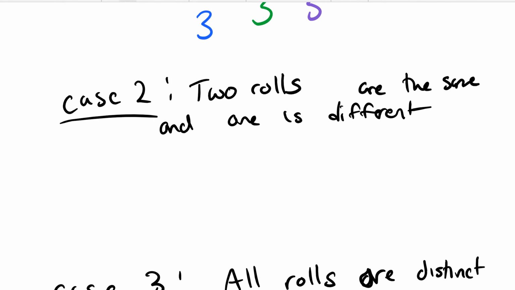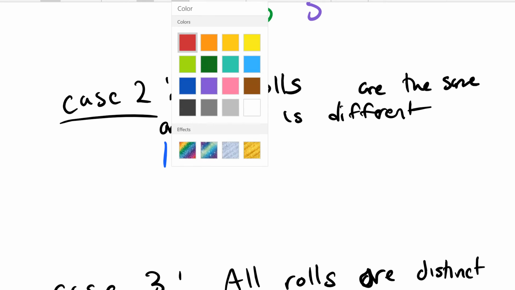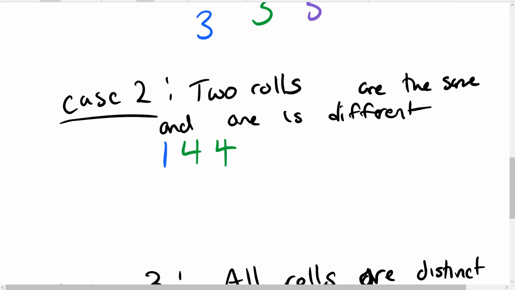So what if 2 rolls were the same and 1 was different? Just for an example, let's take the list 1, 4, 4.